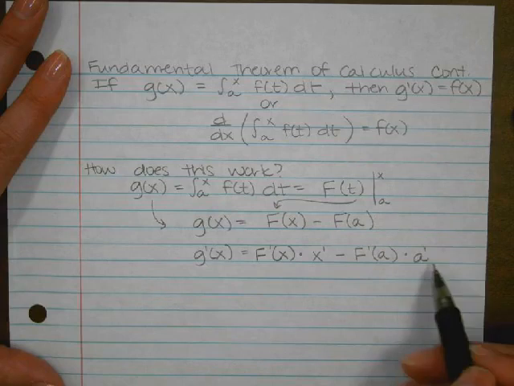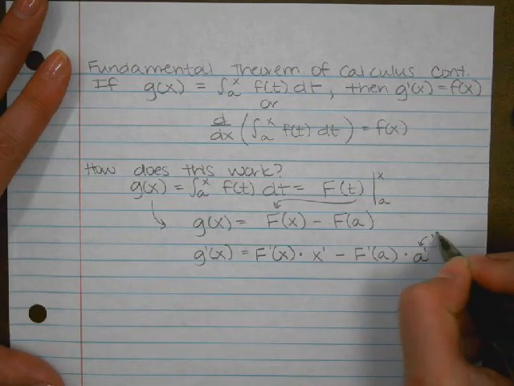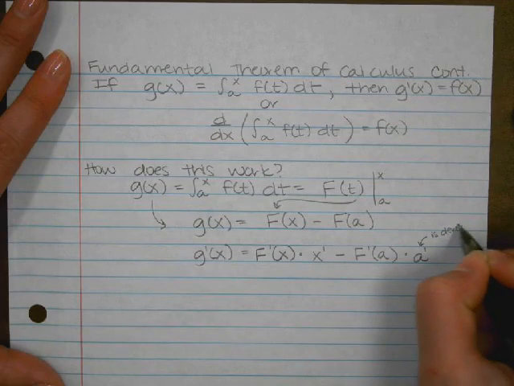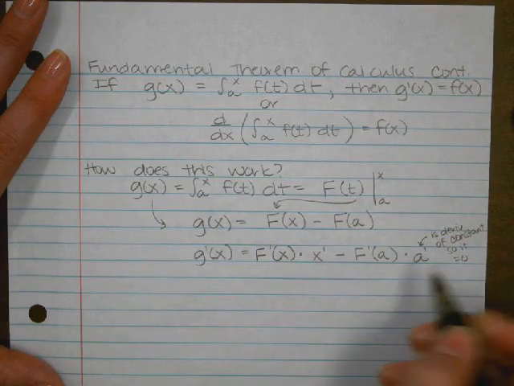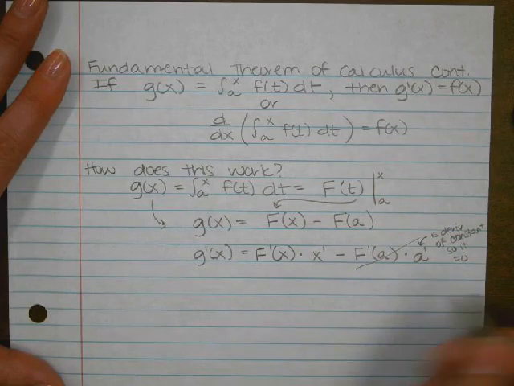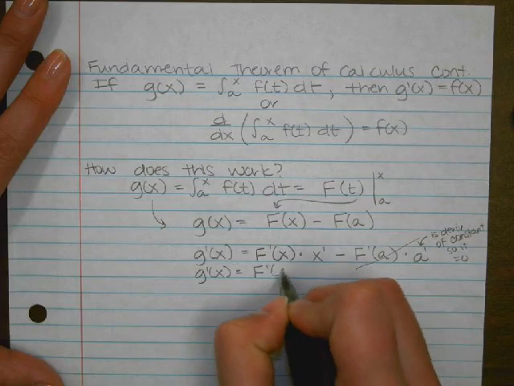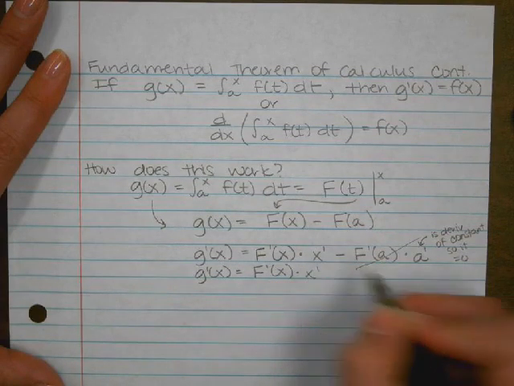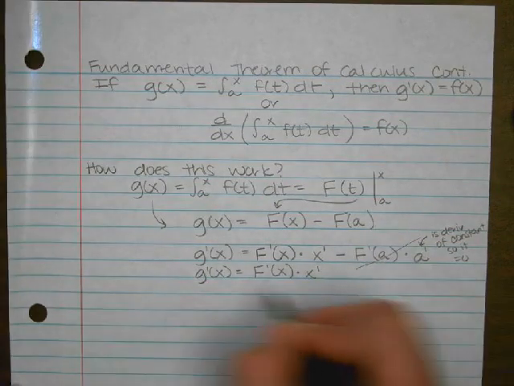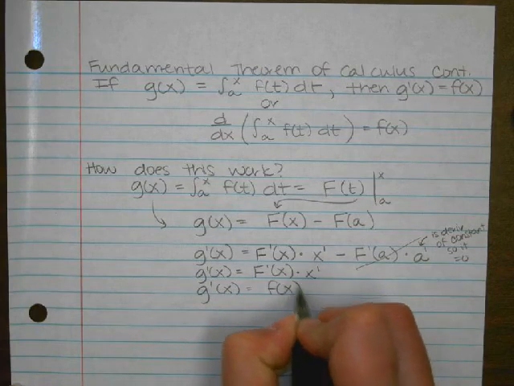So the derivative of a would always be 0, the derivative of a constant, which makes this part go away. And so we have g prime of x equals the antiderivative evaluated at x times x prime, which we're saying is f of x.